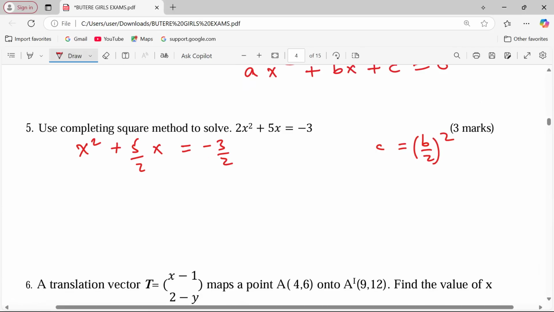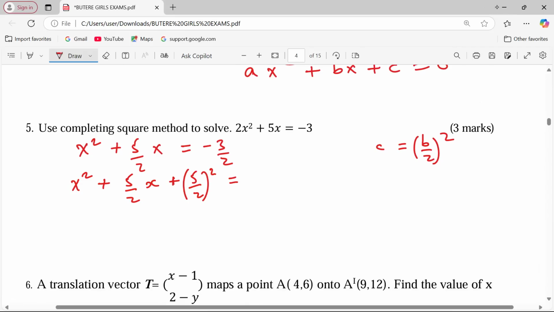Therefore, to x squared plus 5 over 2x, we're supposed to add the value of b over 2, then squared. So b already is 5 over 2. So we divide again by 2 now, the 2 in the formula. 5 over 2 divided by 2, so 5 over 2 over 2 becomes 5 over 4. Then we square it.